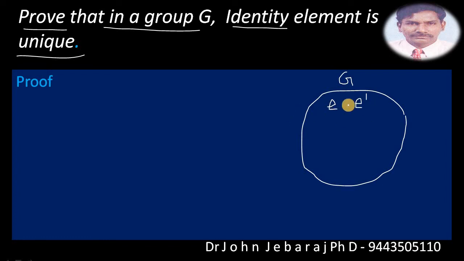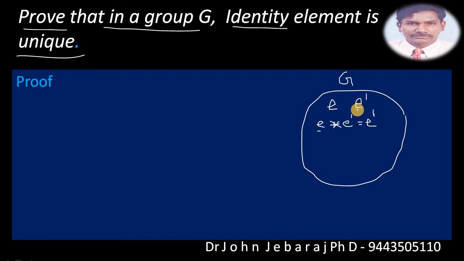If I operate the binary operation on E and E dash, since E is an identity, I should have E dash.